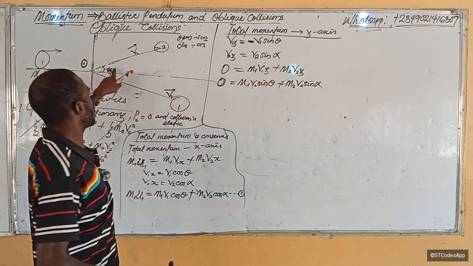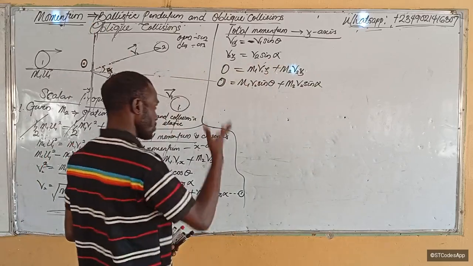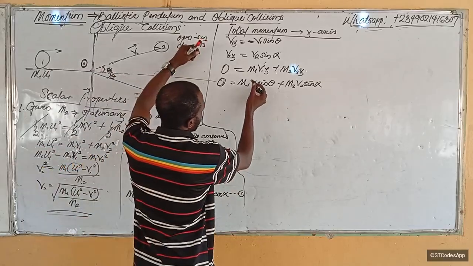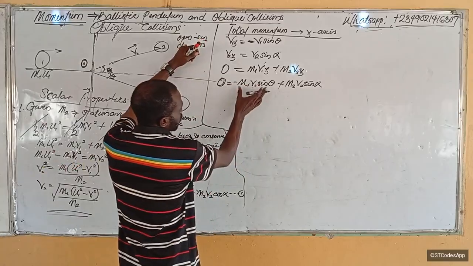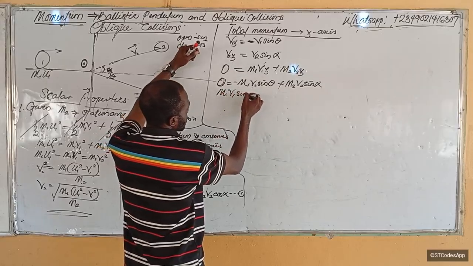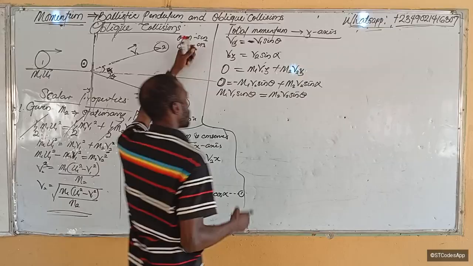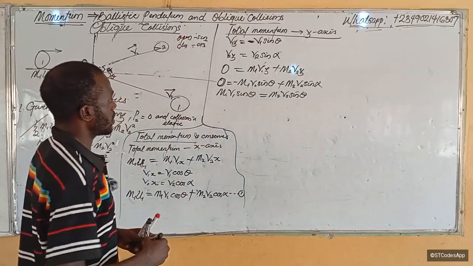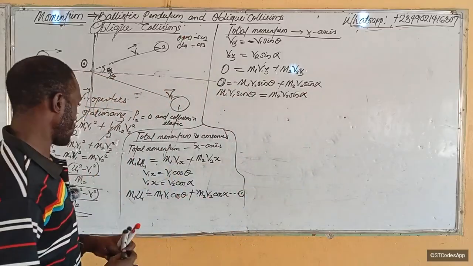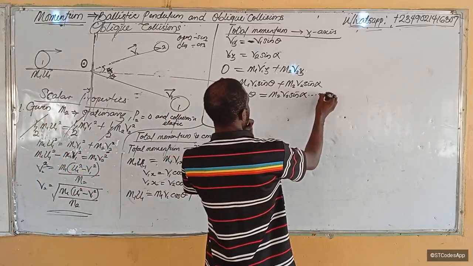Make sure you don't make a mistake with the angle, okay? There is a negative here. If you want to make it positive, you can bring this guy over, so m1 v1 sine theta will be equal to m2 v2 sine alpha. Is that clear? All right, let's call this equation 2.